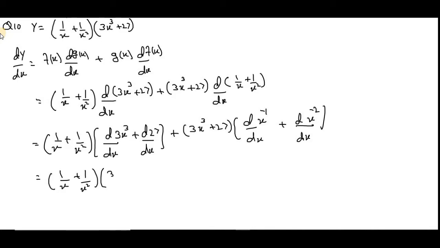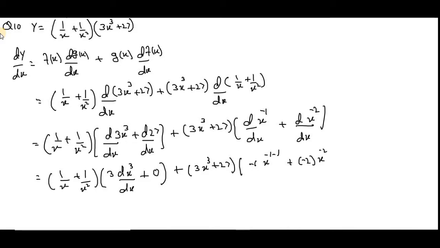1 over x plus 1 over x square, 3 dx cube over dx, plus 0 because 27 is a constant and its derivative is 0, plus 3x cube plus 27 and minus 1 x raised to power minus 1. We have applied the power rule here. Again we apply the power rule, x raised to power minus 2 minus 1.